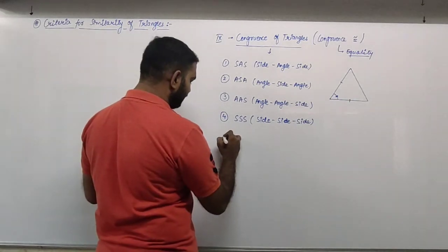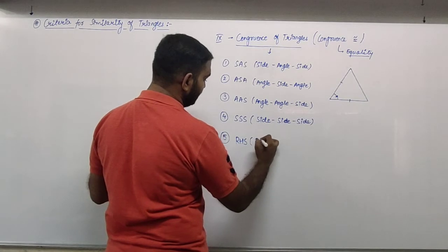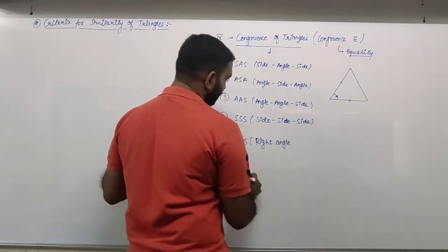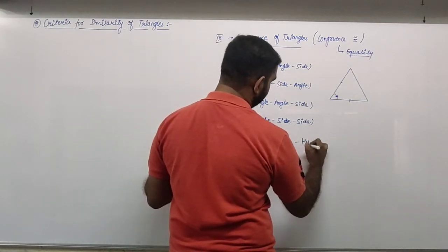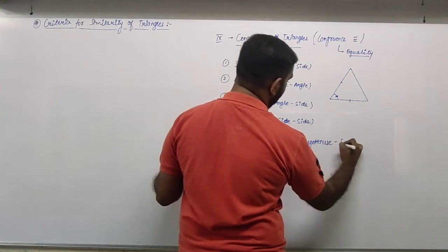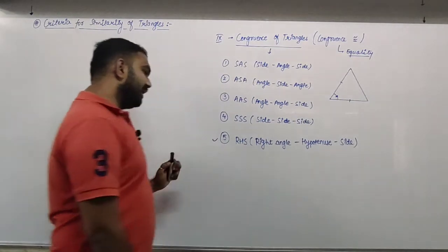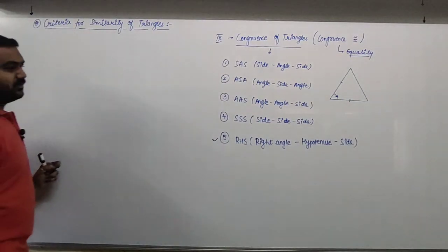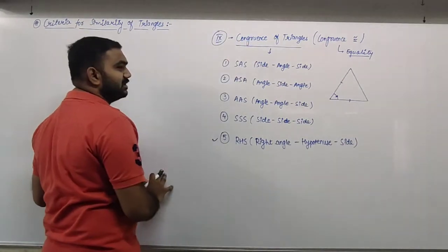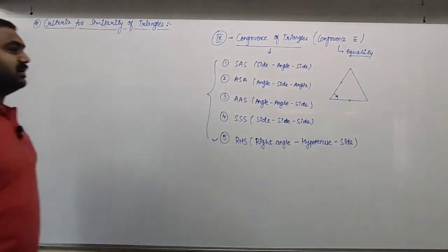And the fifth one we studied was the RHS, that is right angle, hypotenuse and side. This is strictly for a right angle triangle. Right angle, hypotenuse and side. So these were the 5 congruence of triangles. That means the congruence criterion we studied in standard 9.